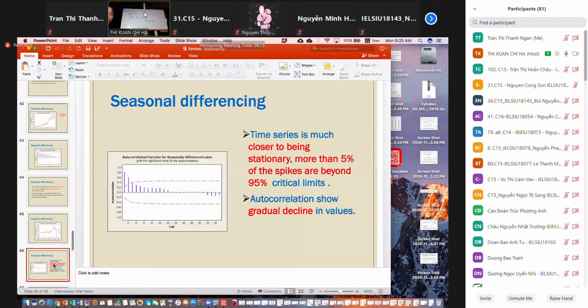So after you take the difference, you can see that your data is closer to stationary. Here is more than 5%.